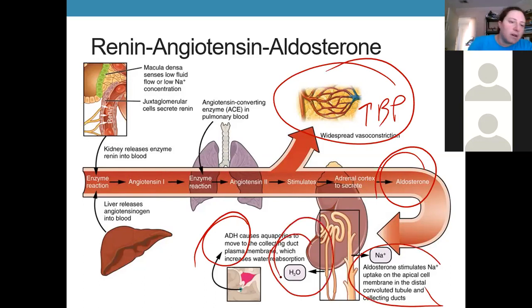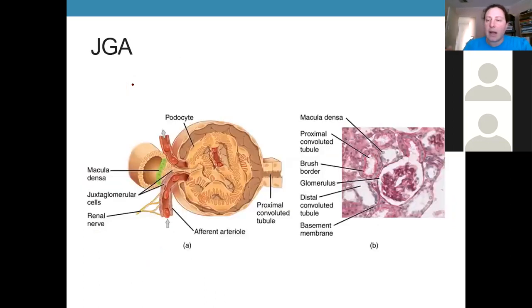Okay, so it starts with renin release from this juxtaglomerular apparatus or complex. And it's because as this nephron loop is coming back up, it sits against this afferent arteriole. And so this spot allows for pretty intense monitoring of the composition of fluid as it's almost urine.